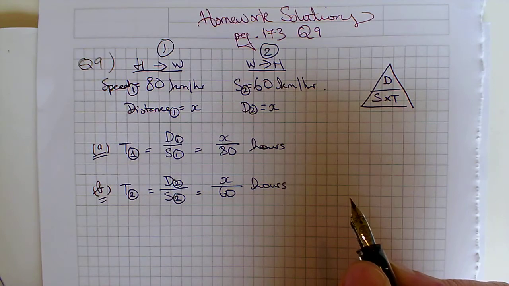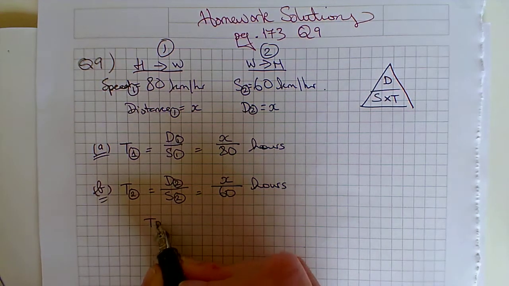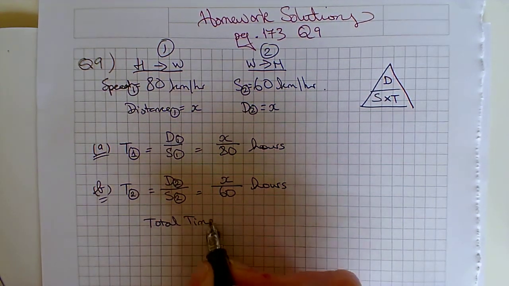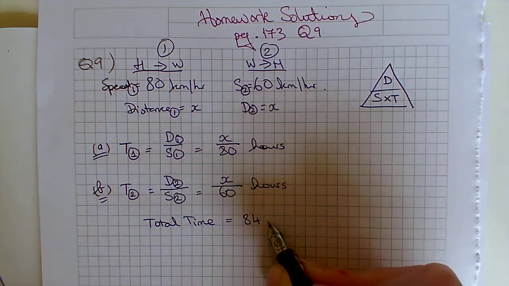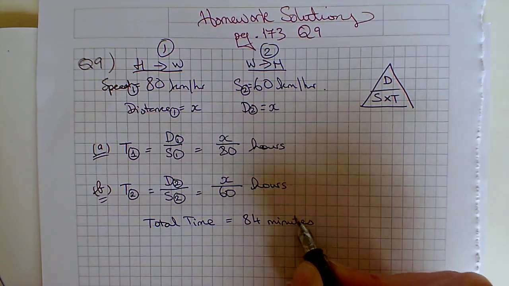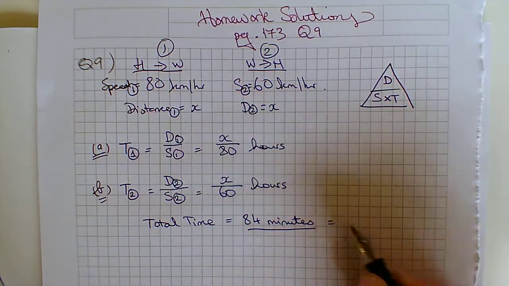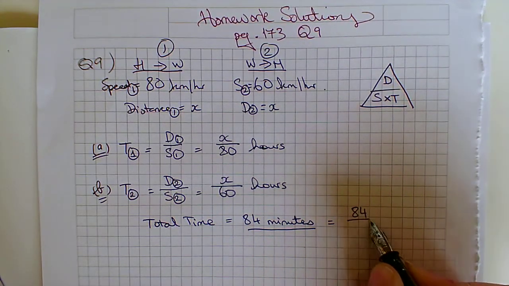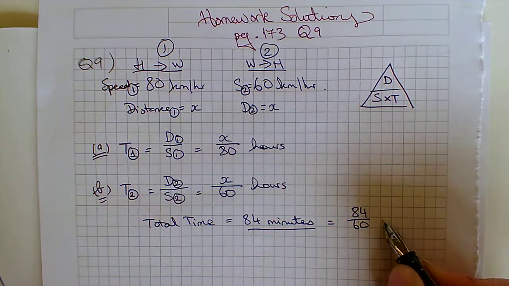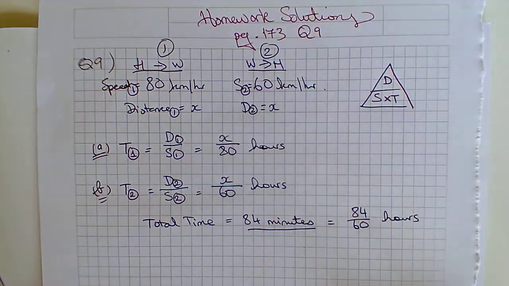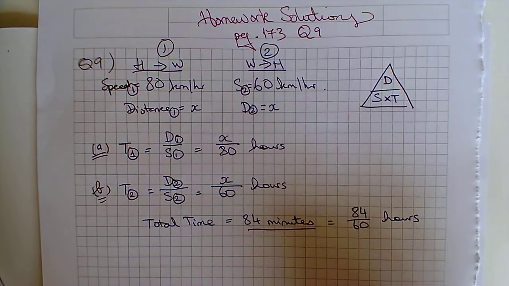And the total driving time for his day, the total time, is 84 minutes. Now we need to be careful because we've calculated these times in hours, but this is in minutes. So let's write that as hours. That will be 84 over 60 hours. Now let's leave it like that for the moment and you'll see why in a second.